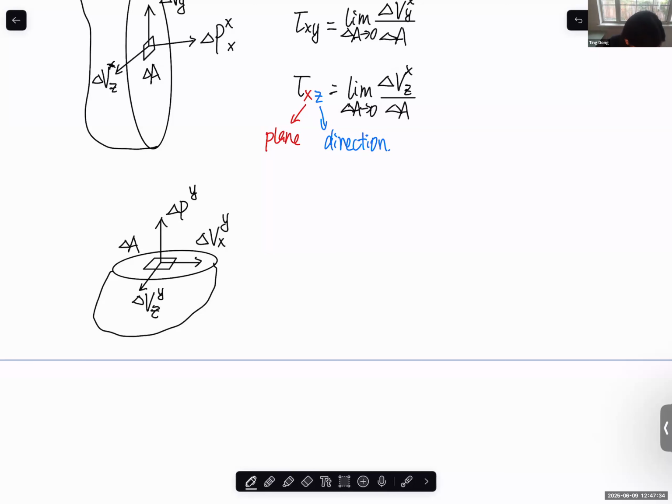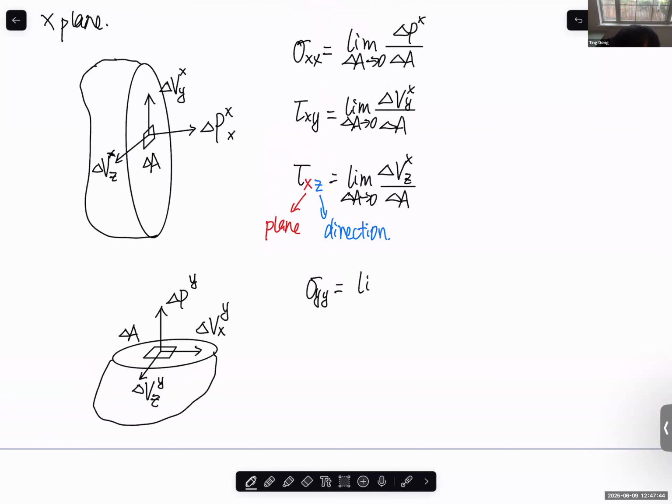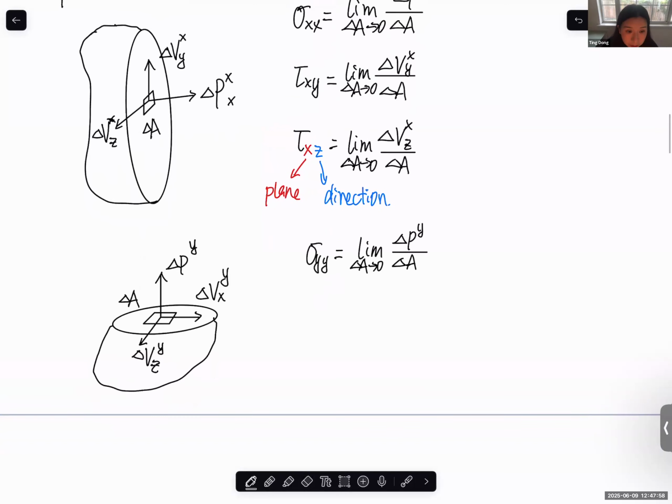So for the stress component, we do the same thing. Sigma yy, or you can write it as sigma y, doesn't matter. Taking the limit, it becomes delta P, the internal force in y on the y plane, over the area, and when the area approaches 0, it becomes a normal stress at point Q. And for the shear stress, now it becomes the y plane in the x direction.